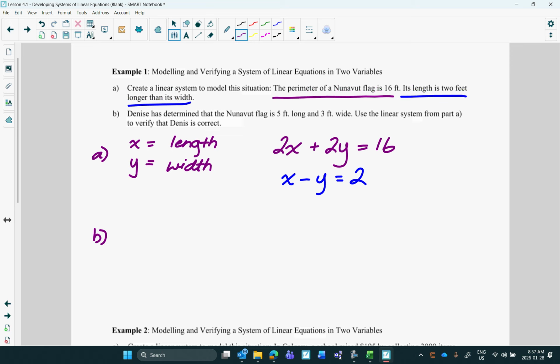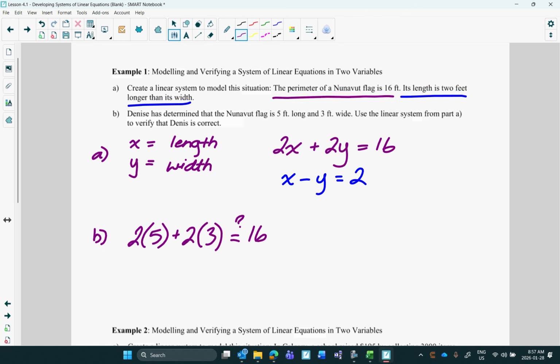For B, we're given a potential solution. We have to check and see if it's correct. So length is 5, width is 3. Does that work in both these equations? Does 2 times 5 plus 2 times 3 equal 16?